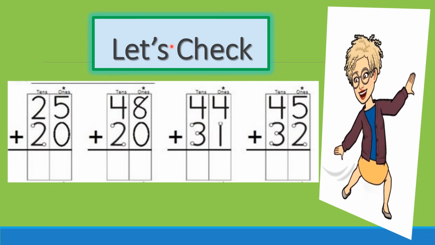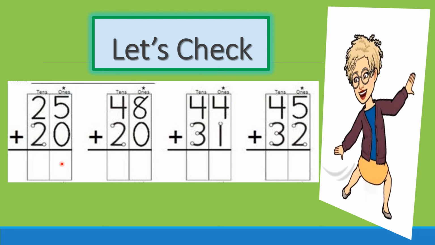Let's consider the answers to the equations that you just tried on your own. Do you remember that our song said, always add the ones first and then the tens? Did you notice the little star that indicates that this is where we're to begin? Well, we know that this here is easy peasy lemon squeezy because we know that any number plus 0 is the same number.